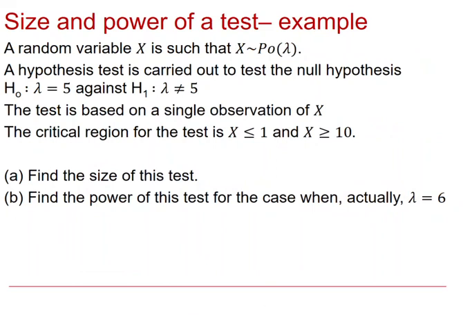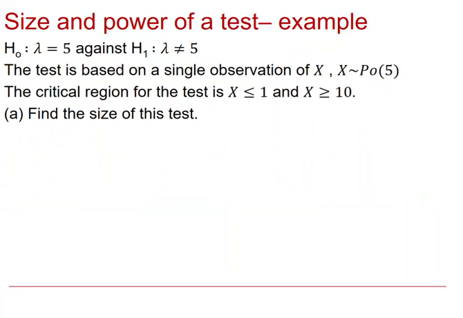So if we have a look at this example here, I would suggest you pause the video for a moment and read through all the information and think about part A, how you would find the size of this test. The size of the test, or the significance level, is the probability we reject H0 when H0 is true.